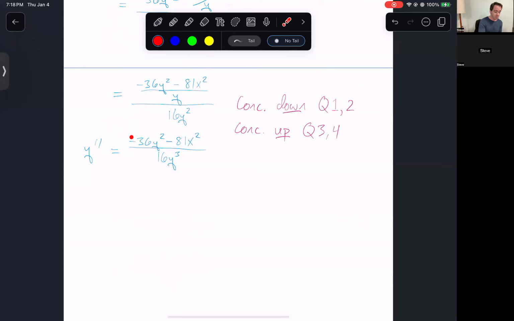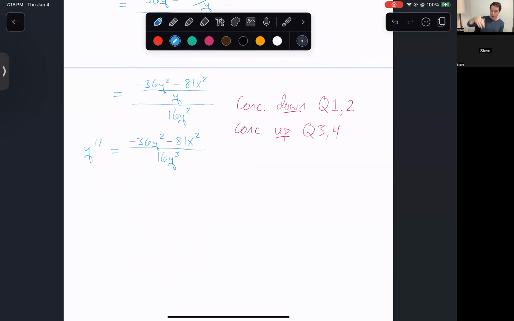That means that negative 36y squared will always be negative because it's a negative times a positive. And then you're subtracting a number that you know to be positive. So you've got a negative minus a positive. A negative minus a positive is guaranteed to be negative, right? Because you can't make a number positive if it starts out negative and then you subtract something. Well, that only makes it more negative.